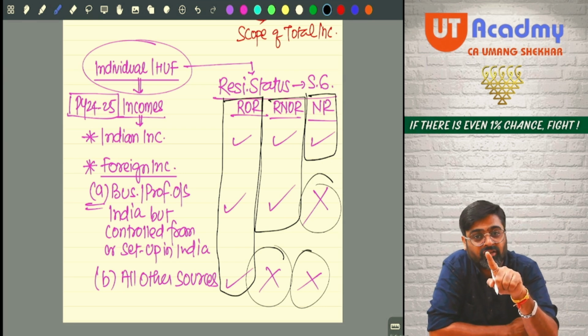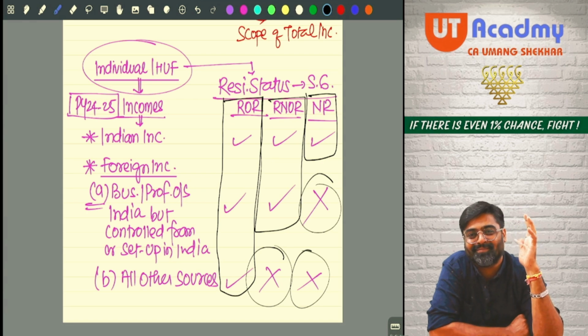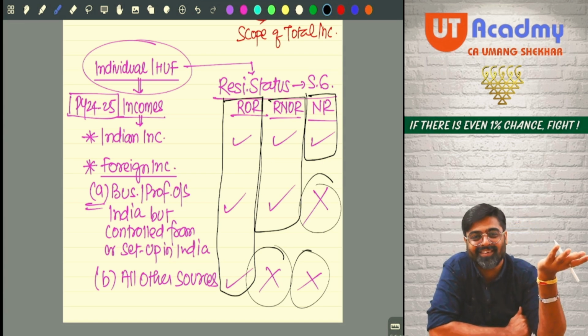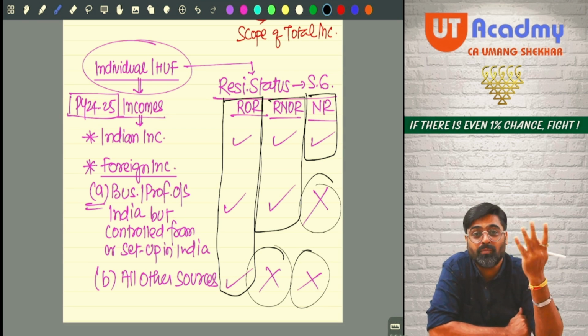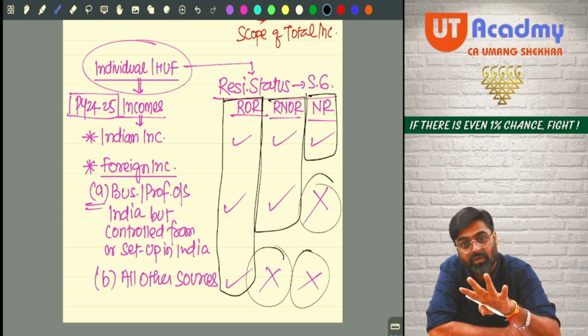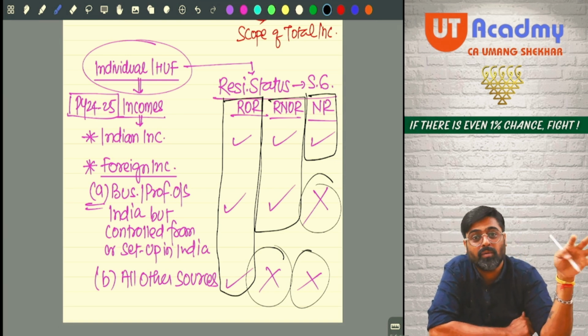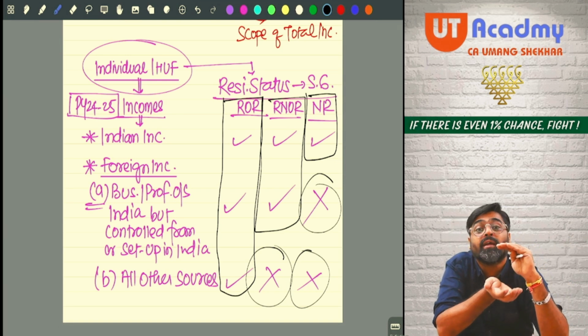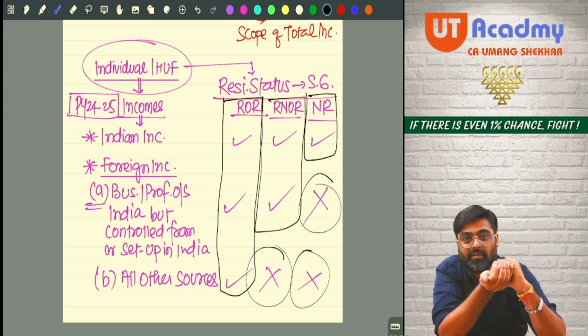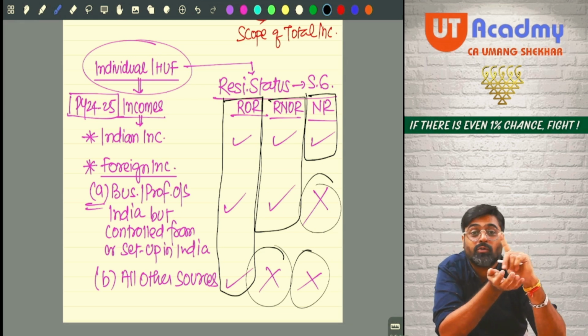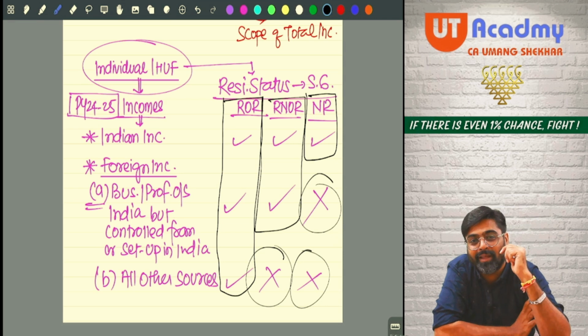So as a taxpayer, as an assessee, what would you like to become? NR, obviously. Because if you become NR, then your total income calculation will include only your Indian incomes. Foreign incomes will be left out. So your total income will be least. Getting my point? And what will the department always try to make you?